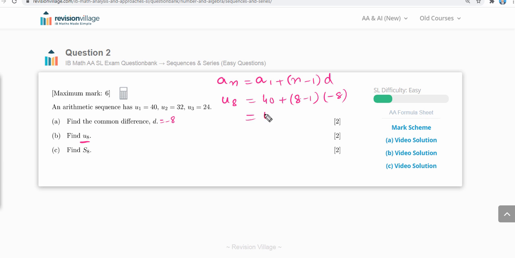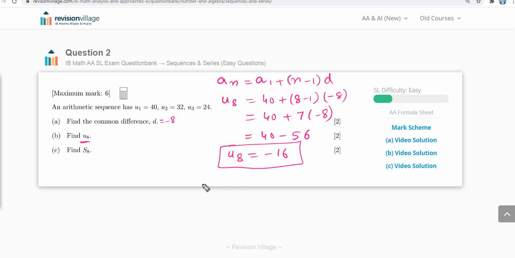So I'll get 40 plus 7 times negative 8, which is 40 minus 56, equal to minus 16. So minus 16 will be our 8th term.